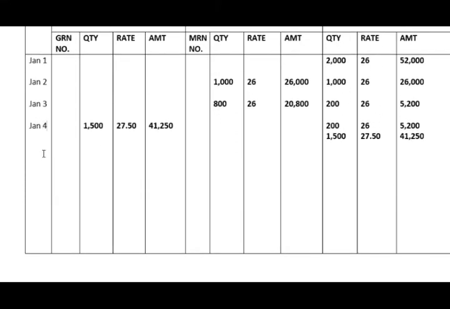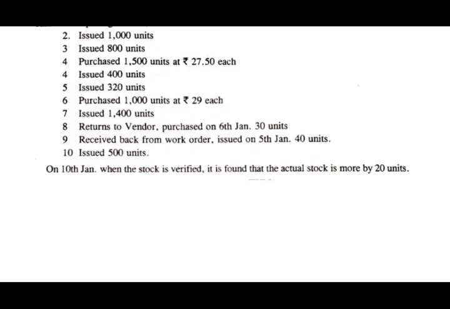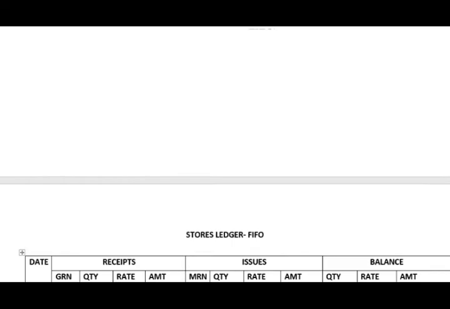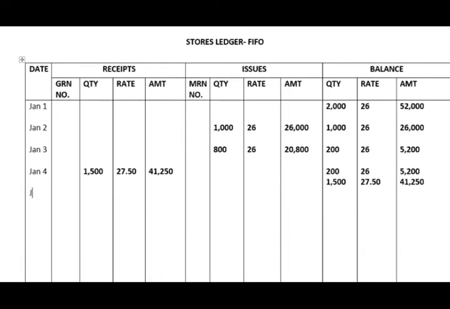So now we have a further transaction. As you can see, on January 4 itself, we have an issue of 400 units. We have two balances available here: 200 at the rate of 26 and 1,500 at the rate of 27.50. As per the FIFO principle, we'll use the first lot first, that is on the basis of chronology.